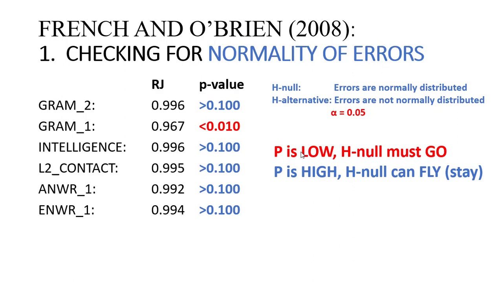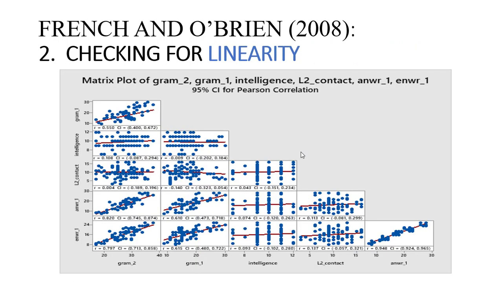Now, in the case of normality of errors, notice that if you get a p-value higher than 0.05, it is good, and that's because p high, null can fly. In other words, you're showing that the data are normally distributed. So that's assumption number 1. Assumption number 2, you have to check for linearity.